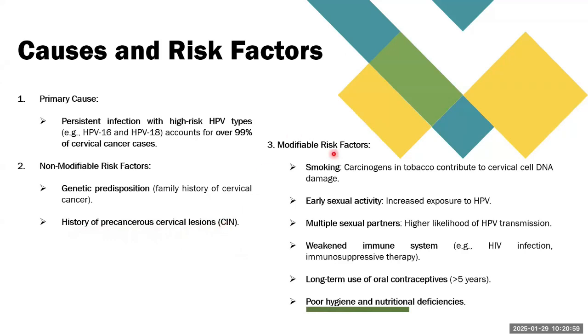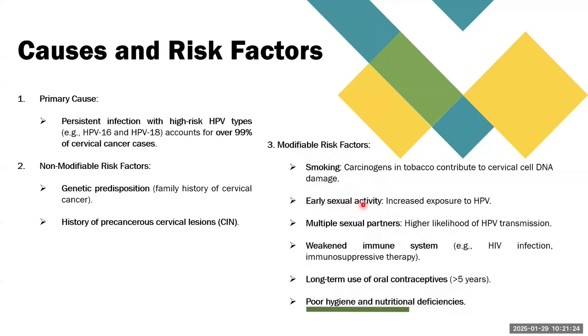Moving to the modifiable risk factors: smoking, early sexual activity, multiple sexual partners, weakened immune system, long term use of oral contraceptives, poor hygiene, and nutritional deficiencies. Either directly or indirectly, these are the risk factors that contribute to cervical cancer.